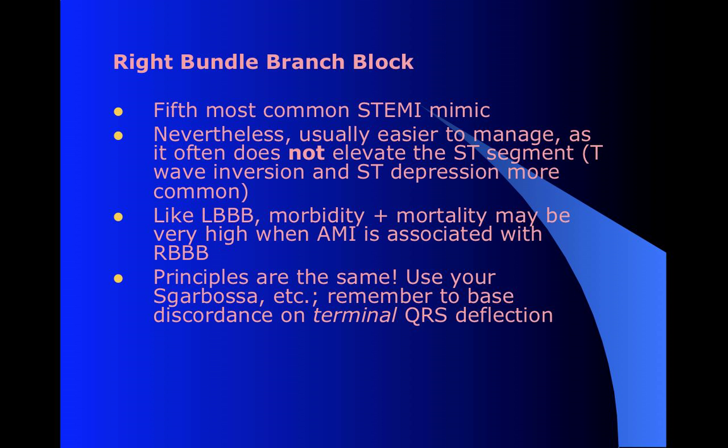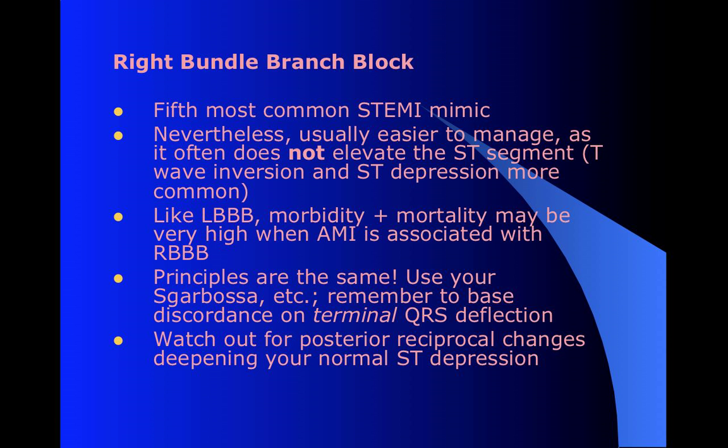Scarbosa does work, although it was not validated empirically. Just remember, it only really works here if you base your comparisons against the terminal or the last deflection in the QRS. Because in the case of a right bundle branch block, that's going to be the positive R wave. If you're looking at something else, it may not be as clear.